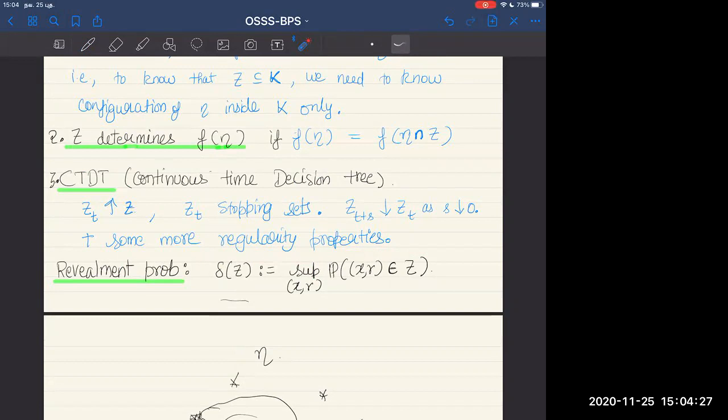And remember x and r belong to R^d times 0 to R naught. R is bounded, at most R naught. I look only in the support. So this is my revealment probability. It's the probability that something is revealed by the algorithm.